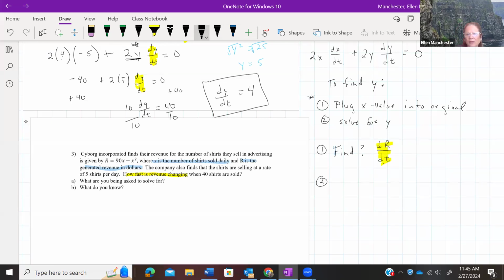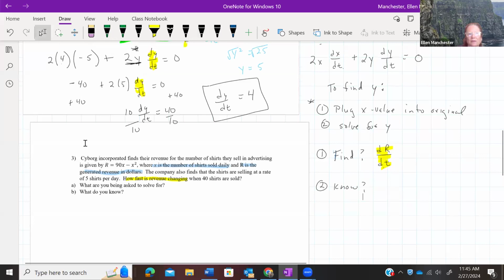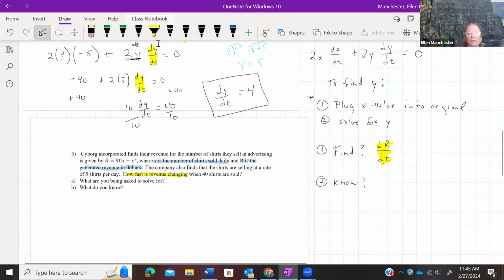Okay, the second one is, what do we know? It's green. Forgot what color I used. Okay, what do we know? Well, we know that the shirts are selling at a rate of 5 per day. What does shirts represent?